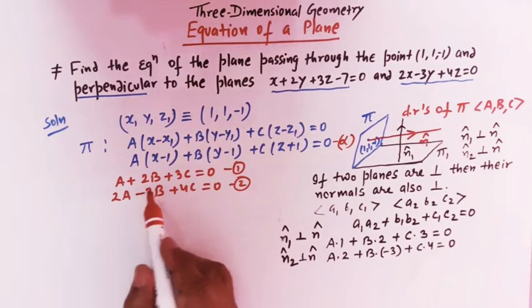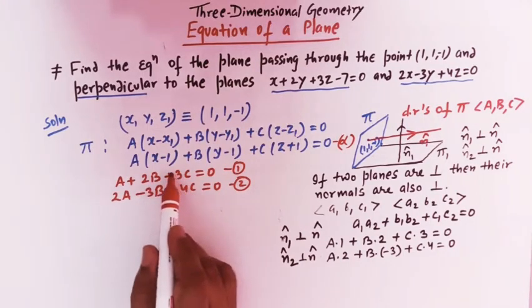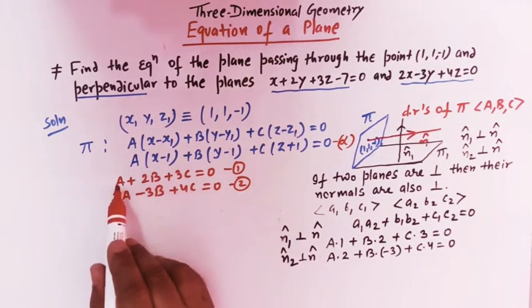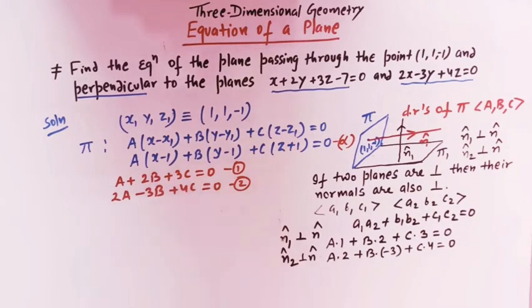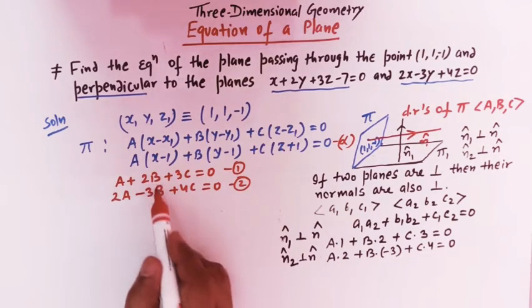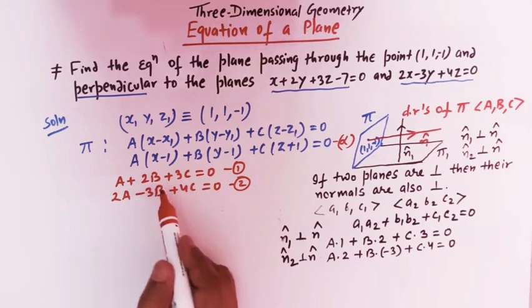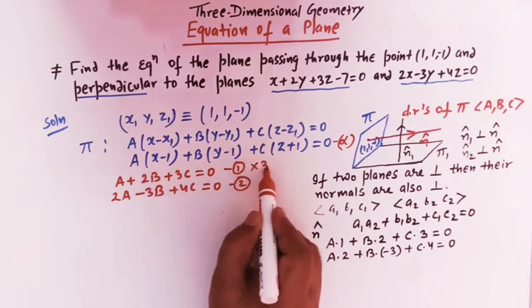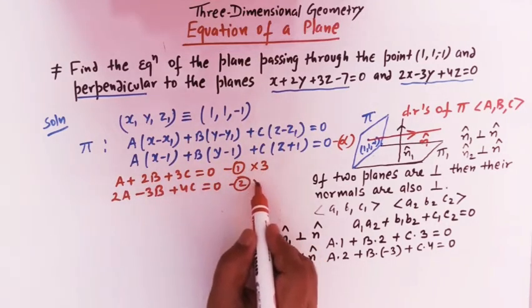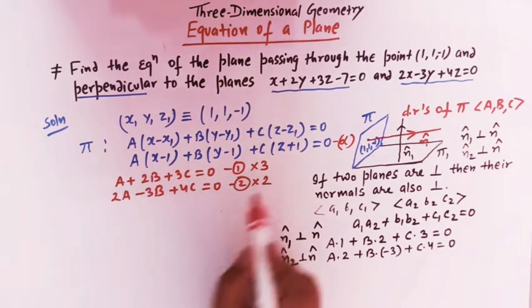Okay, now what we will do, we'll eliminate any of the variables a, b or c from these two equations. So let us eliminate b from these two equations. So what we will do, we'll multiply this equation by 3, and we'll multiply this equation by 2, right?